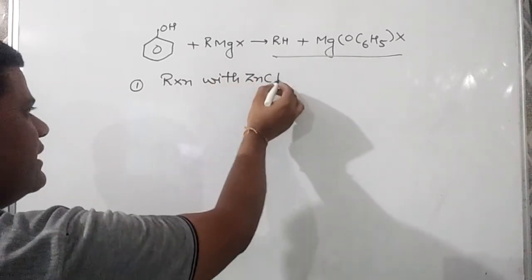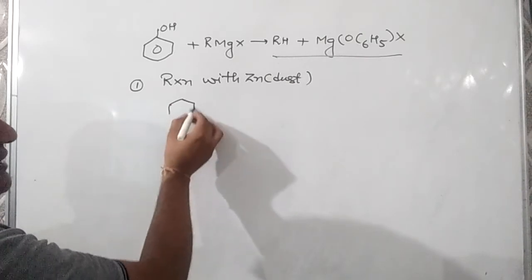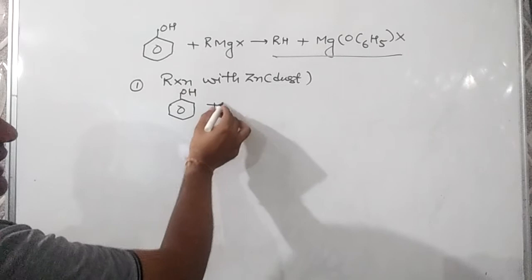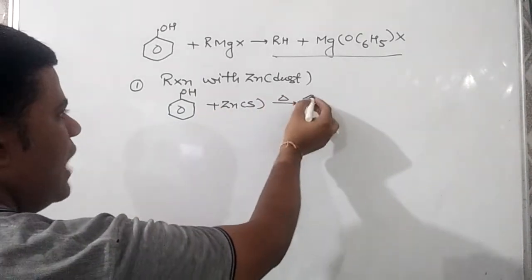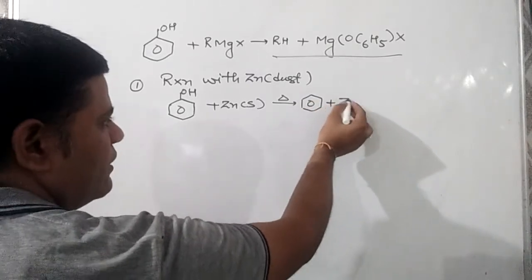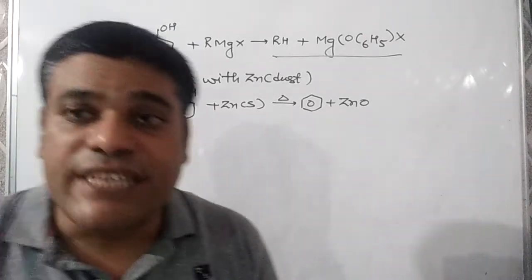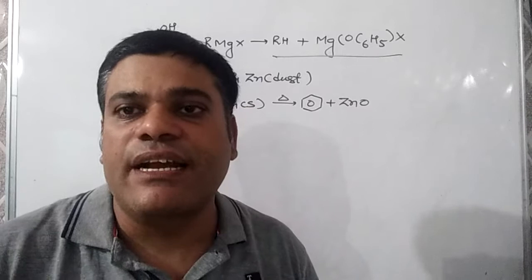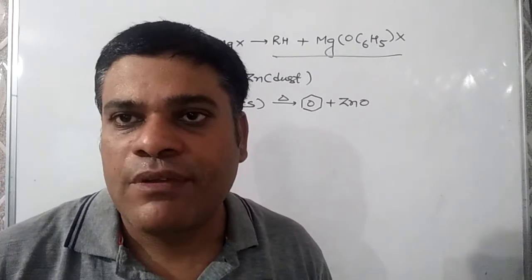There might be a question in the exam: what happens when zinc dust is added to phenol, or how can you convert phenol into benzene? When phenol reacts with zinc dust, the product formed will be benzene plus zinc oxide.